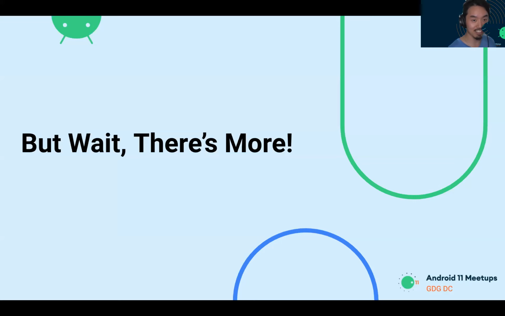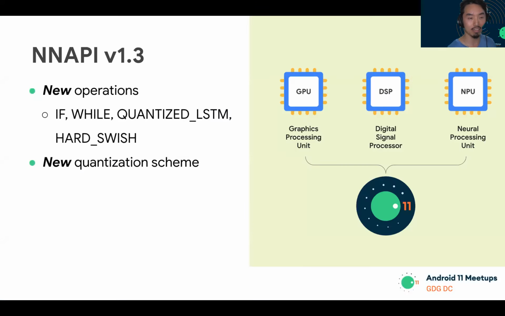And there's still a lot more to go over, not including the NDK stuff. So for the Neural Networks API, version 1.3 is now released, and there's a lot more features in that, including a lot of new operations. There's operations including conditionals, loops.